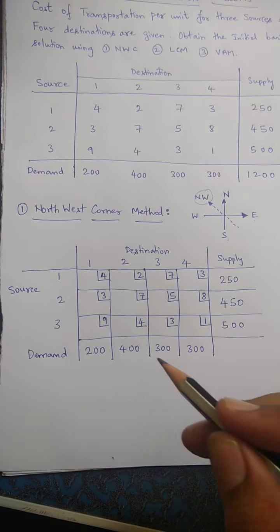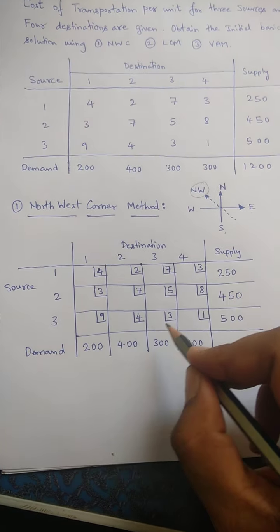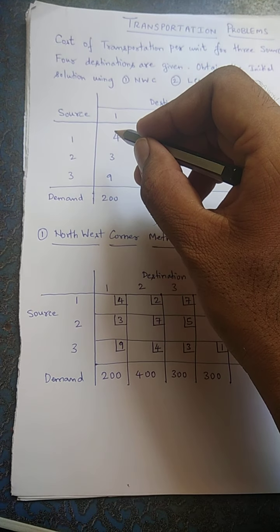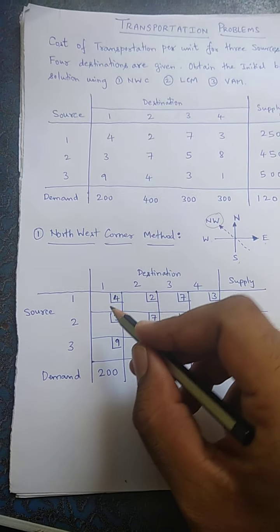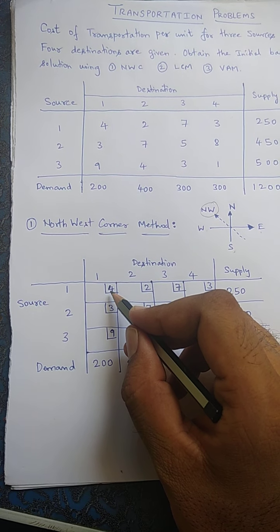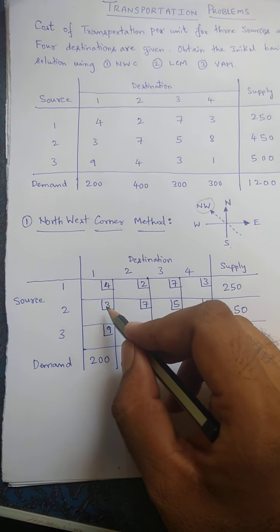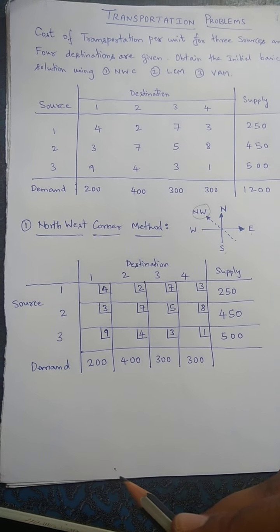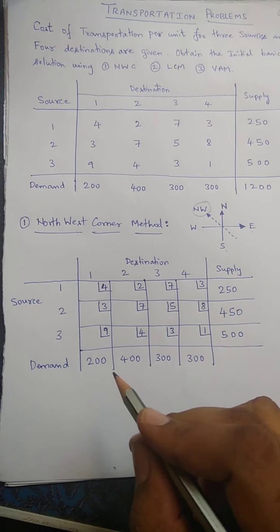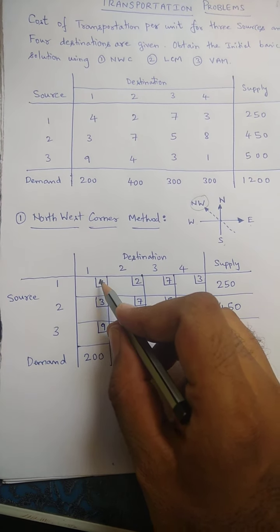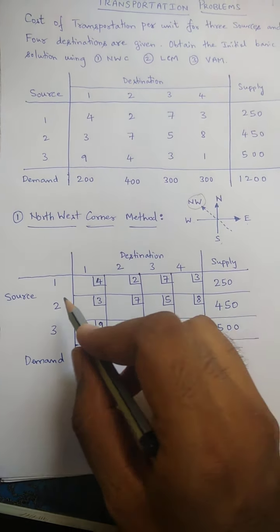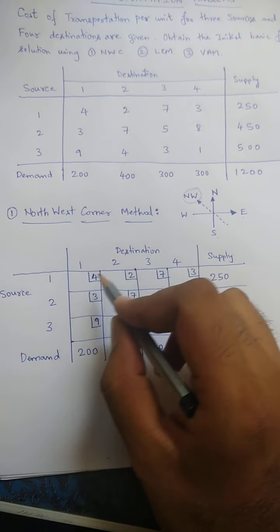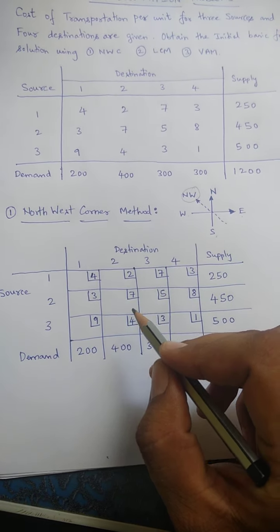Similarly, if you look into this problem, there are different cells. The costs I had shown in this problem, 4, 3, 9, and so on, are written inside a small box in the respective cells. This is the cost to ship a product from source 1 to destination 1, or any source and destination respectively, per piece.